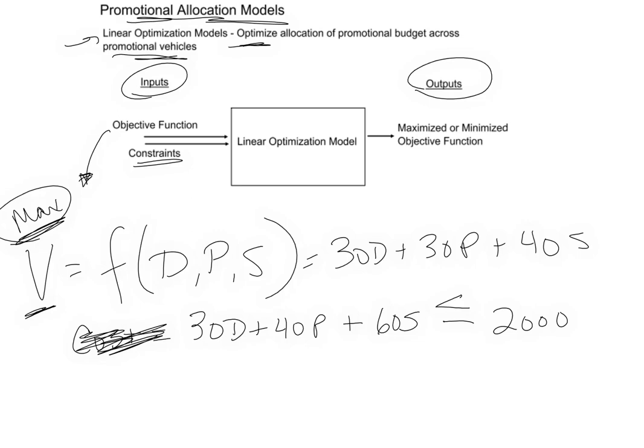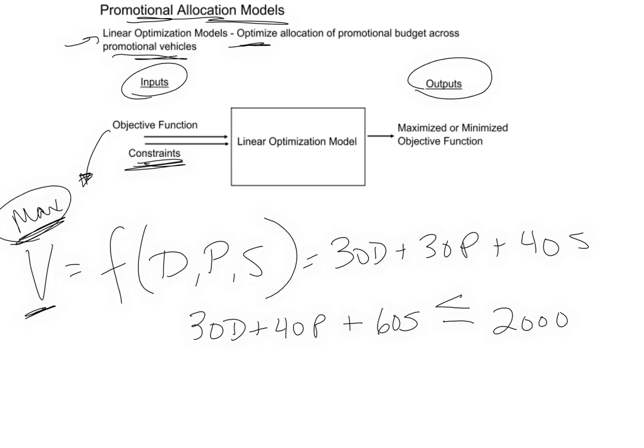And so we know that all of these things are effective. All of these things are going to get more views, but all of these things cost money and we only have $2,000 to spend, right? So the second line is what we call a constraint. A constraint is some kind of limit that's placed on your choice variables D, P, and S. In this case, this constraint came from the promotional budget.